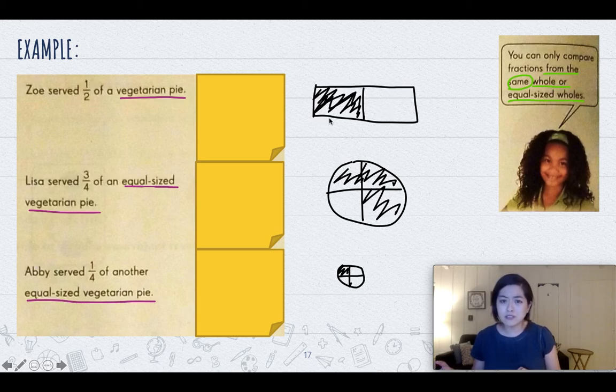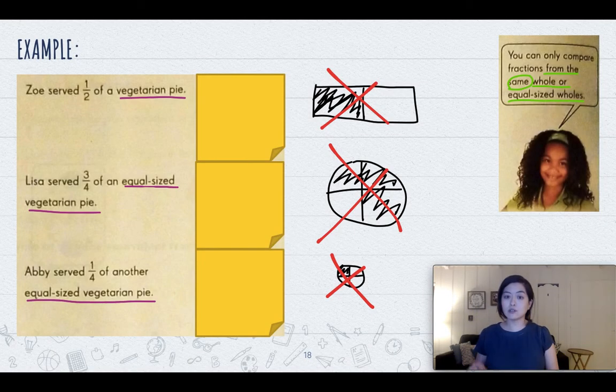You see how this is one whole, this is one whole, and this little thing here is also one whole. They are not equal size wholes. So when we want to compare fractions, we have to make sure the whole is the same. So these are not good examples of equal size wholes.